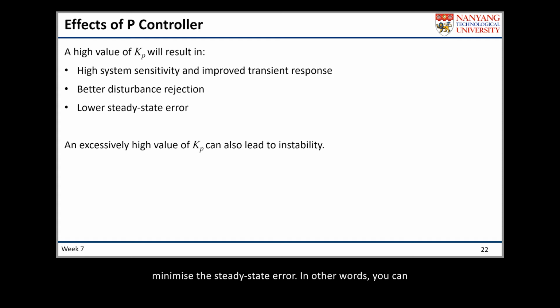In other words, you can improve the accuracy of your system. But be careful, if you don't set the proportional gain, the gain of this controller, properly, you might end up with an unstable closed loop system. So this is one of the importance of designing a proper controller.